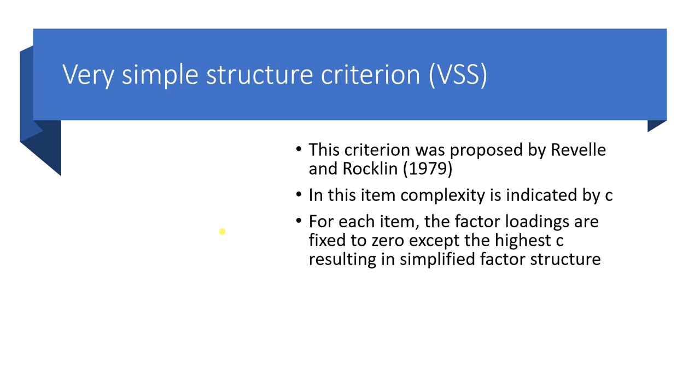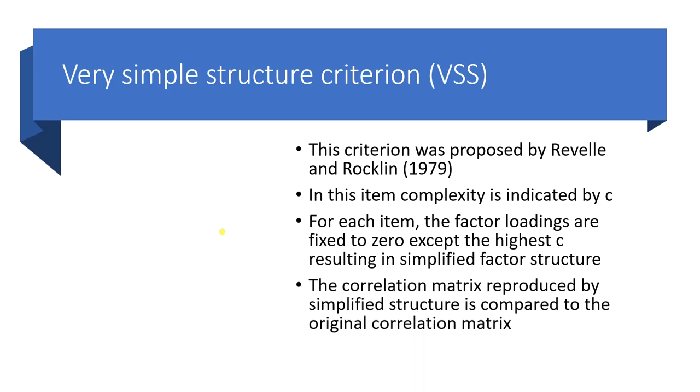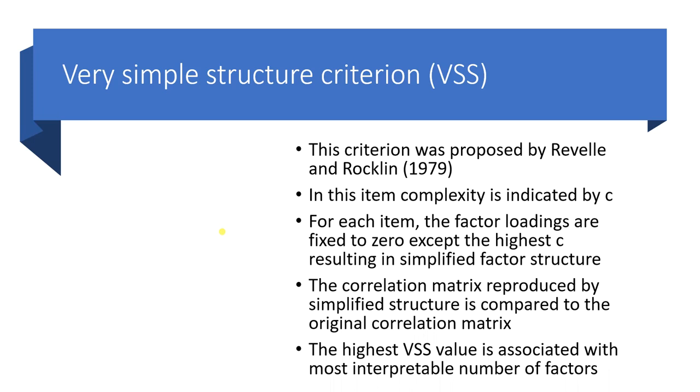So when we are doing this for the whole factor structure matrix, we will arrive at a simplified factor structure. The variables that are having the highest loading will be retained, and all other loadings will be made 0. This will result in a simplified structure. Then we try to reproduce the correlation matrix on the basis of the simplified structure and compare it to the original correlation matrix.